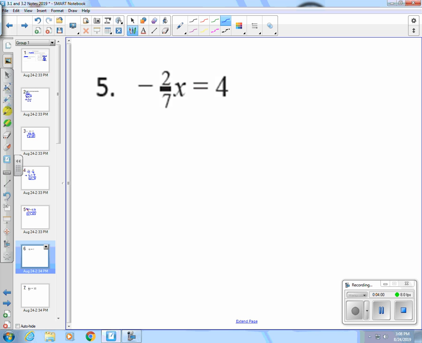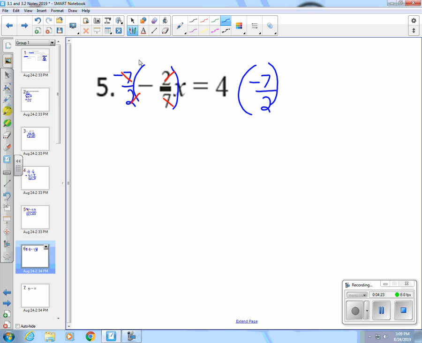When you're working with a fraction and its multiplication, we will need to multiply by the reciprocal of that number on both sides. Remember that the reciprocal times a number is going to give you a positive 1 in the end.